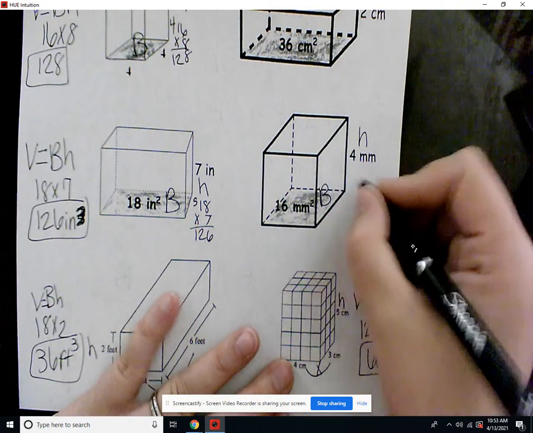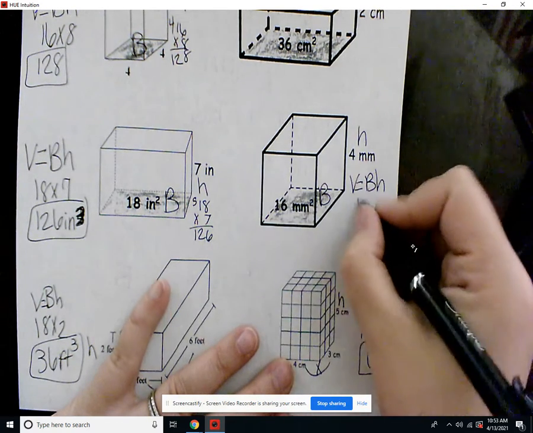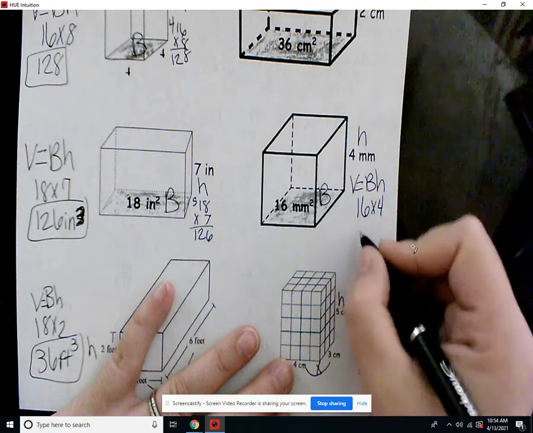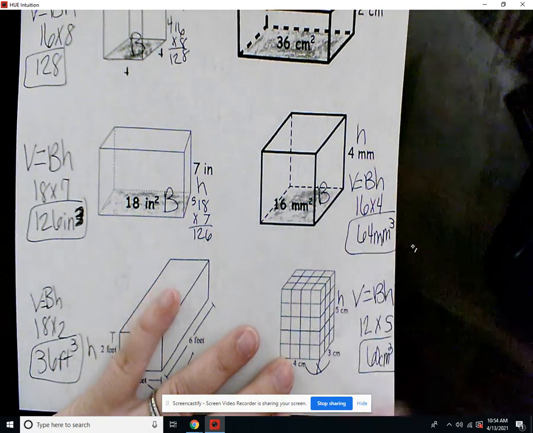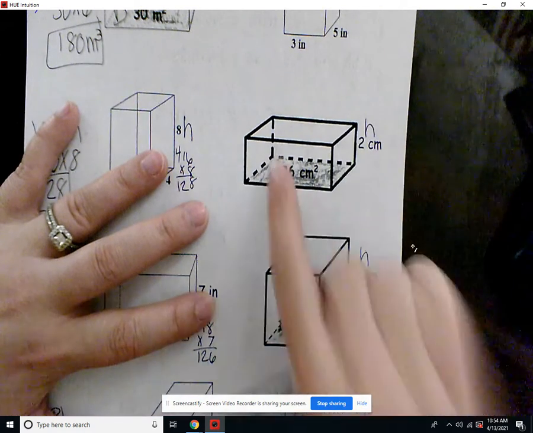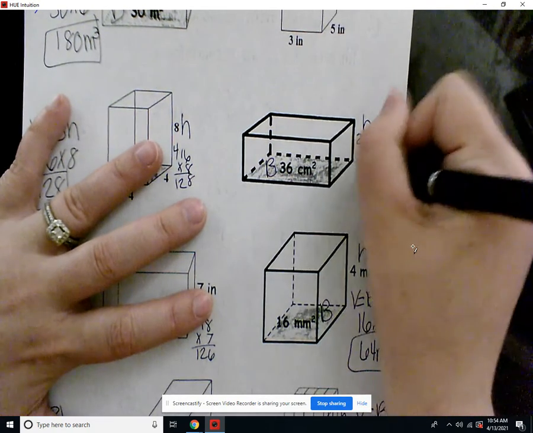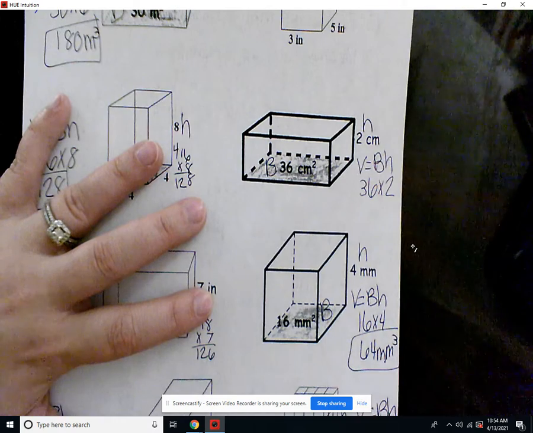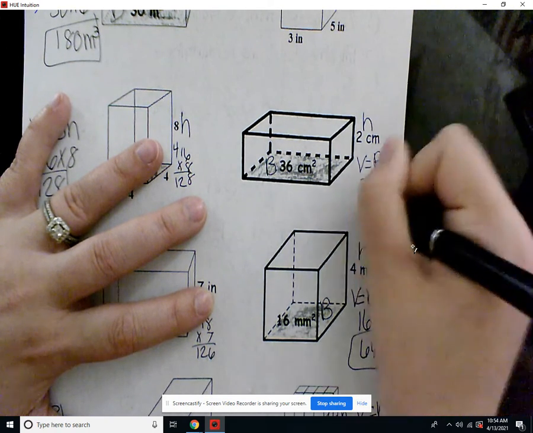There is your big B. When they just give you two numbers, it's already your big B. So we have 16 and 4. 16 times 4 is 64 millimeters cubed. All right, again, there's your height. Your big B is the 36 centimeters squared, because it's already done for us. And we just multiply 36 times 2, which is 72 centimeters cubed.